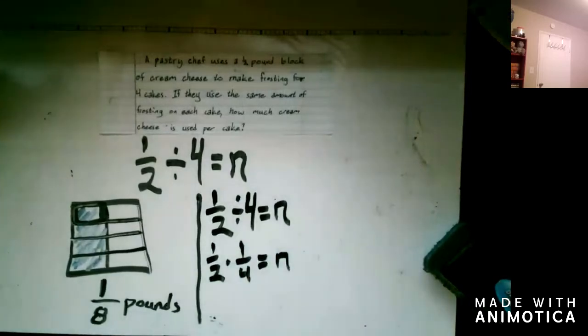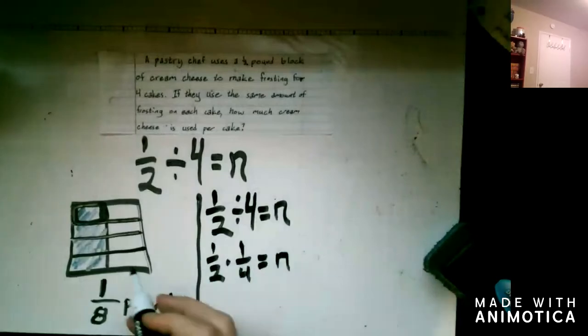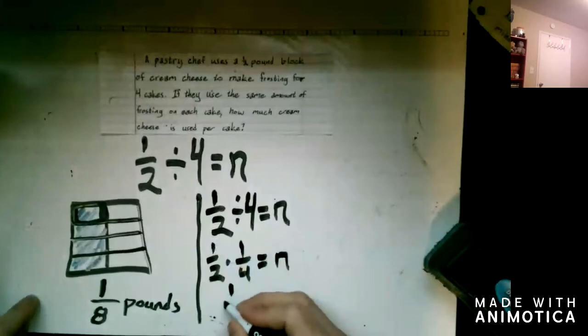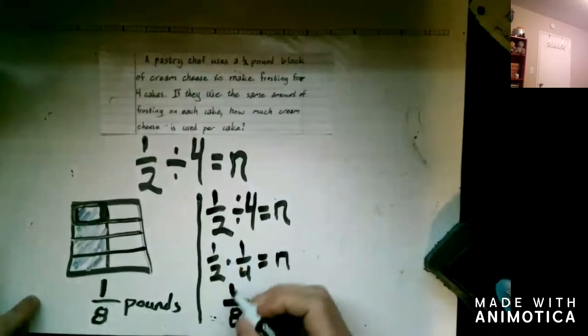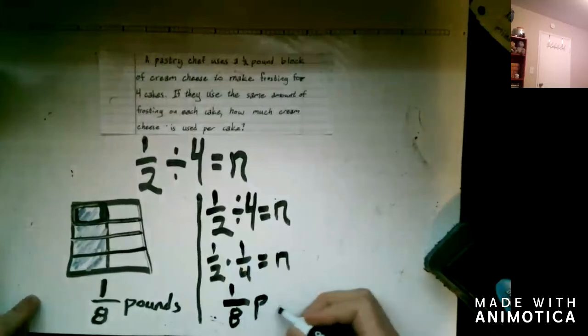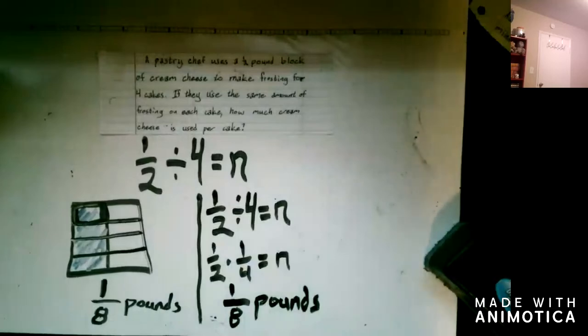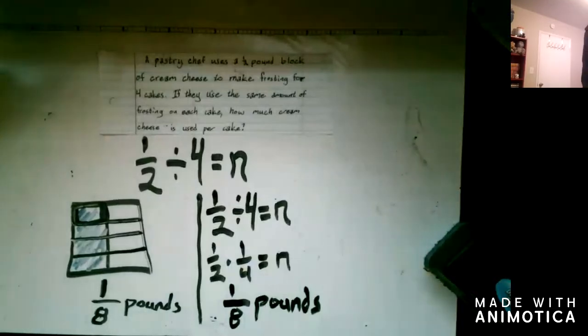Now, when we're multiplying with fractions, that becomes really easy. We just multiply across. 1 times 1 is 1. 2 times 4 is 8. 1/8 pounds of cream cheese. Either way you solve it is correct.